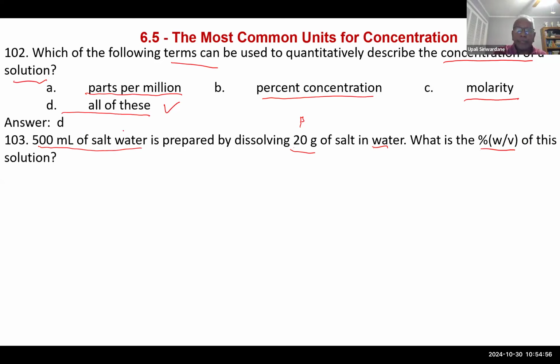That's the weight. This is the volume. So weight by volume is S. The total volume is the denominator. Weight is 20, volume is 500, multiplied by 100.